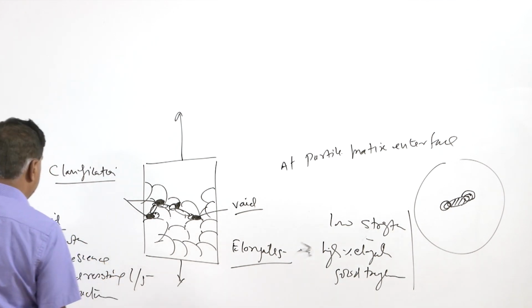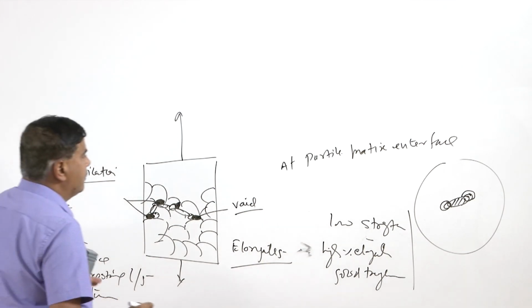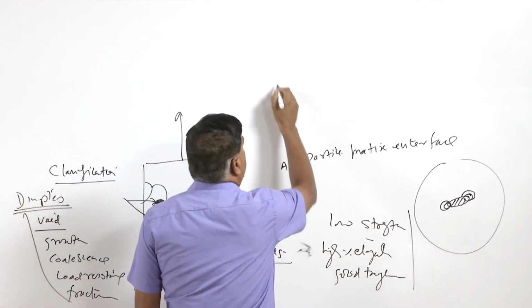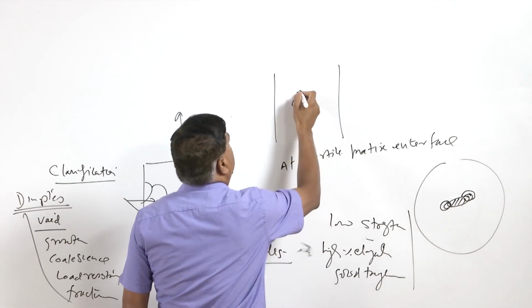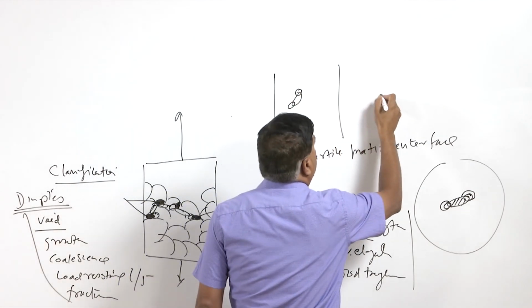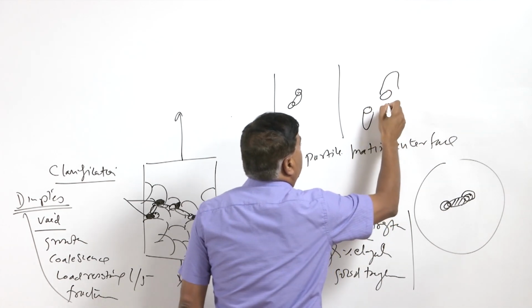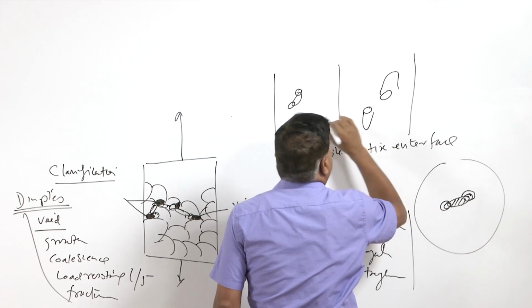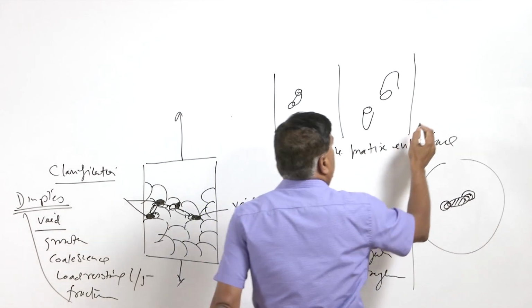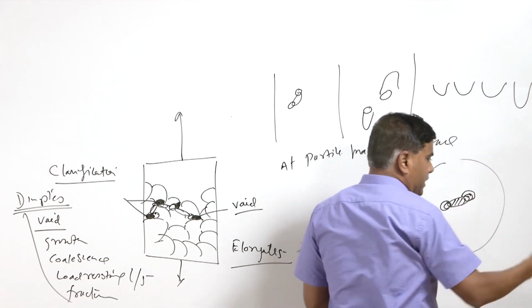This mechanism is typically known as dimples, wherein the fracture surface features wherever the particles are there. Say in this matrix this is one particle, and here the voids are being nucleated under the effect of the external load. The voids will be growing like this around the particle, and when the fracture occurs, eventually due to the coalescence of these voids, we will find a number of conical shaped dimples of different sizes and shapes.